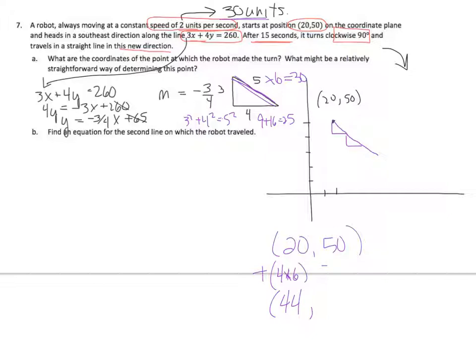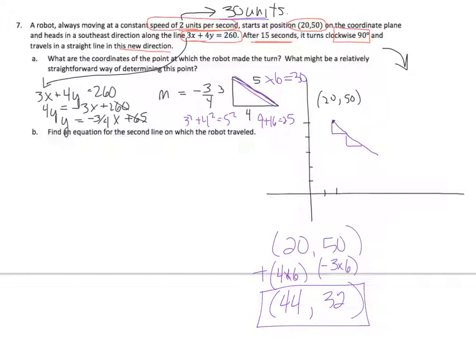And I'm subtracting in the y direction 3 six times, which would be 18. 50 minus 18 is 32. Yeah, so that is where I am ending up. So I'm going to travel 44 in the x direction, and 32 in the y direction.